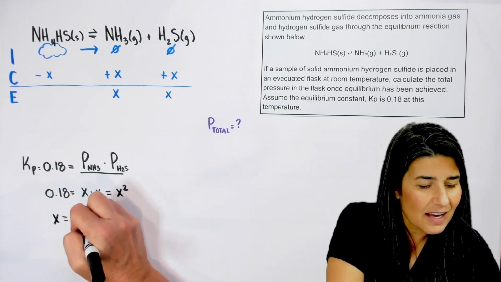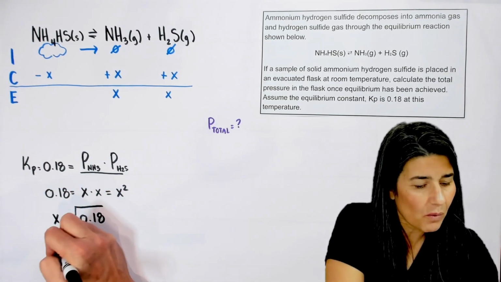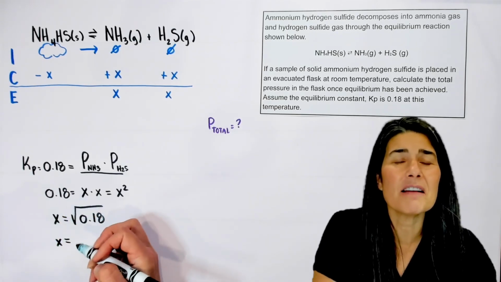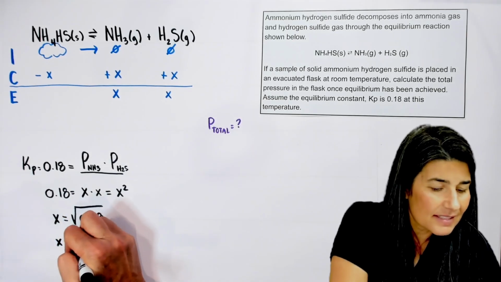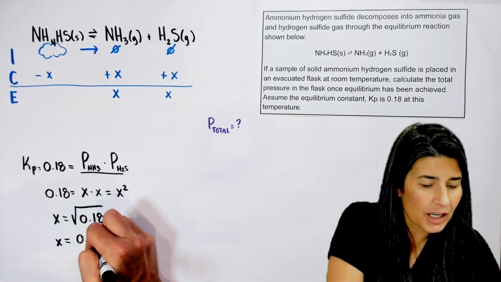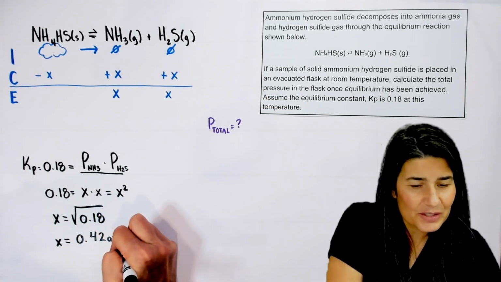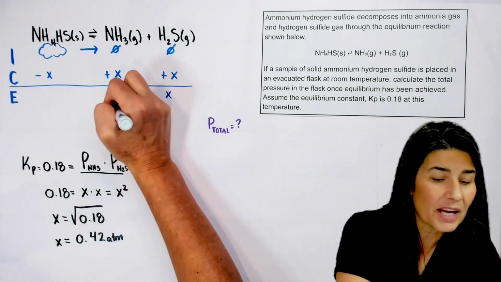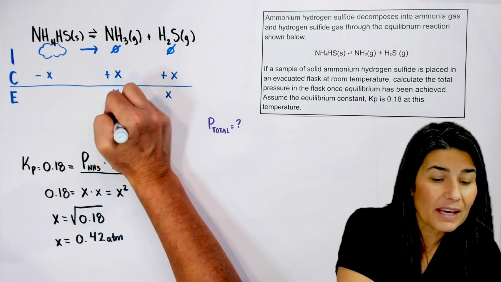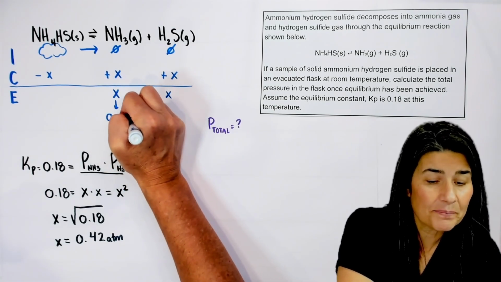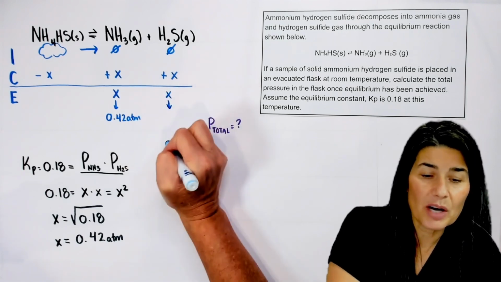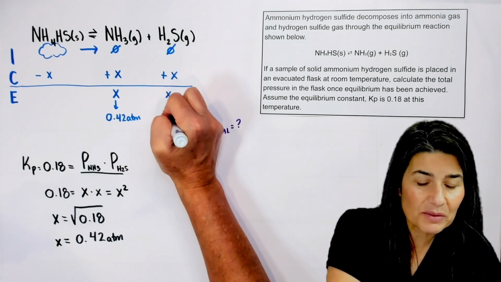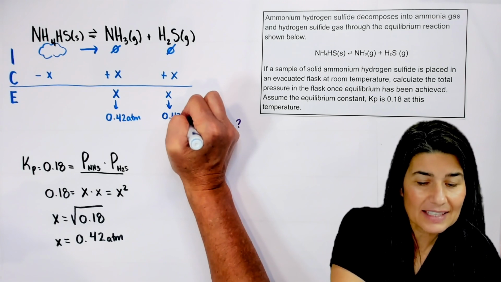If we take the square root of 0.18, we get a value of X of 0.42 atmospheres. So at this point, I know my equilibrium pressure of ammonia is 0.42 atm, and I know the equilibrium pressure of hydrogen sulfide is 0.42 atm.